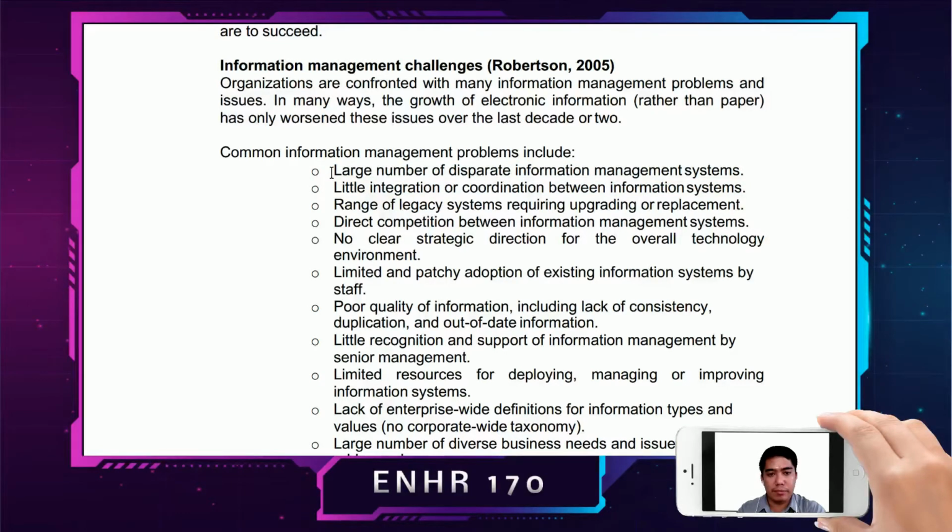Napakaganda sana if yung information management systems ng different functions sa organization, marketing, accounting, production, HR, will be integrated with one another so that if a certain function has a need, the data from other functions is mas madaling access.